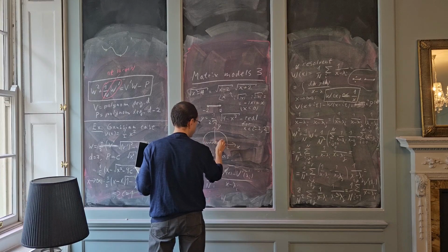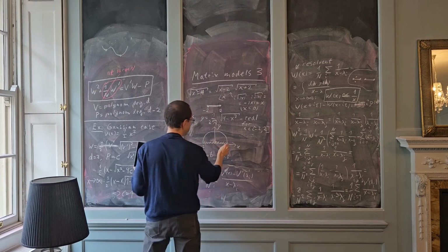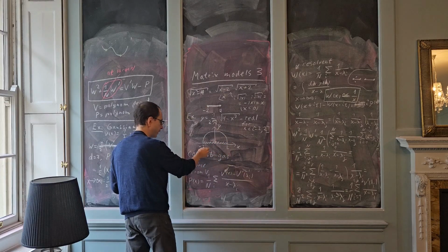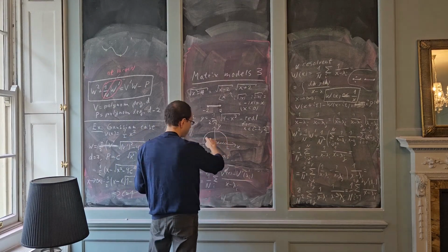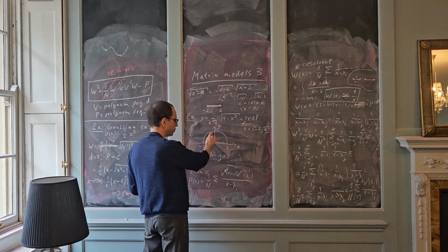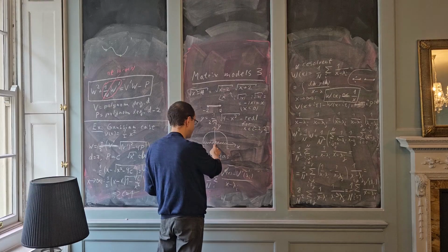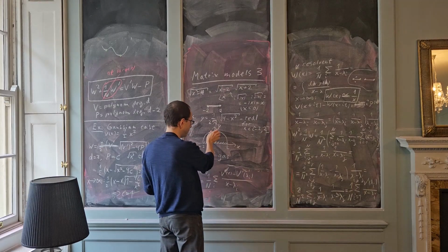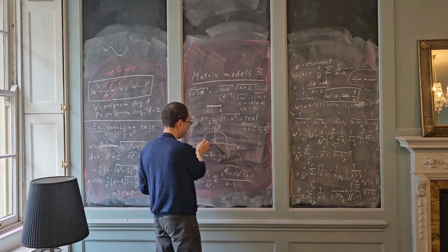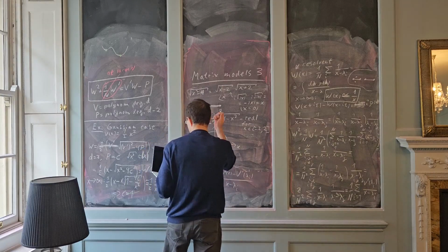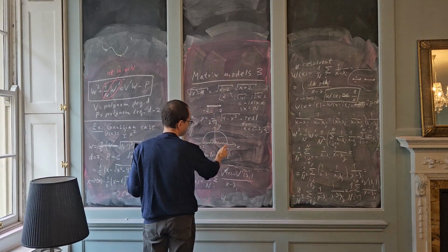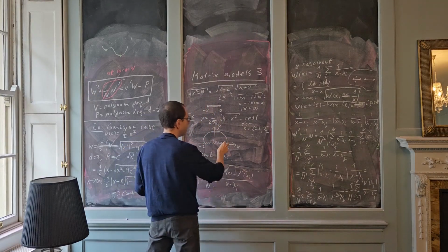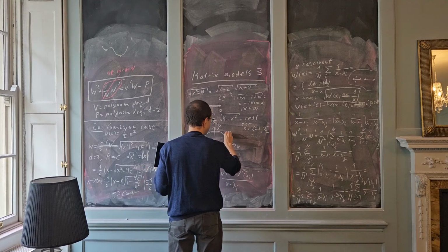So this is the region where the eigenvalues sit. Okay, and they are not uniformly distributed. In the center of the region, the eigenvalues are packed more tightly than they are at the endpoints. It's typical, of course, that at the endpoints of the distribution, the density vanishes. And in this case, it's just a semicircle.